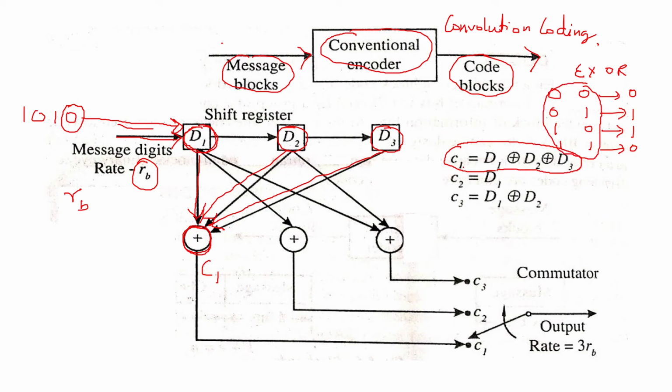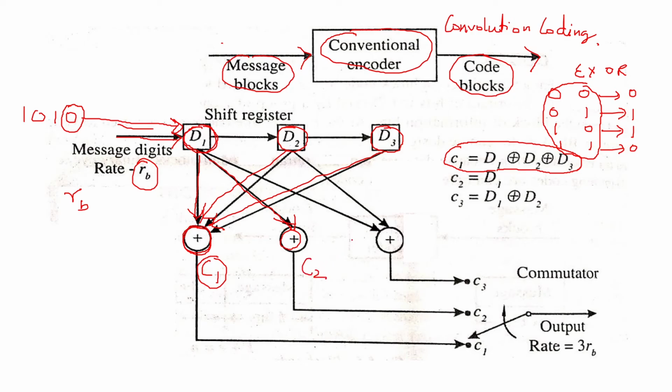So here, for C1 we are seeing modulo 2 addition of 3 bits, D1, D2, D3. So first two XOR will be applied, and again the XOR will be applied, and whatever output you get will be taken as C1. Similarly, for the second one, you can see D1 is coming and only D1 is there. So C2 will be only D1.